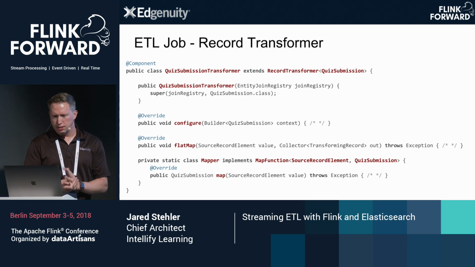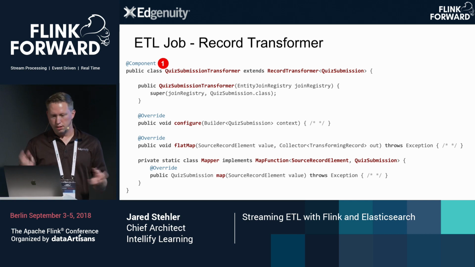Here are things I can call out in the actual individual record transformer. This is an example of a record transformer for a quiz submission Avro schema. Things to point out here are, one, it's marked as a component, so it automatically gets added to the transformer mapper function. That's just a nicety of this framework.